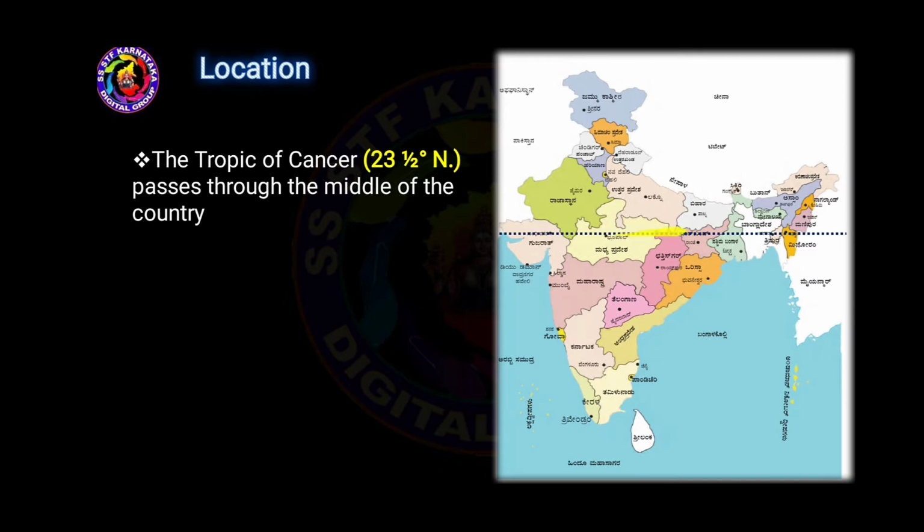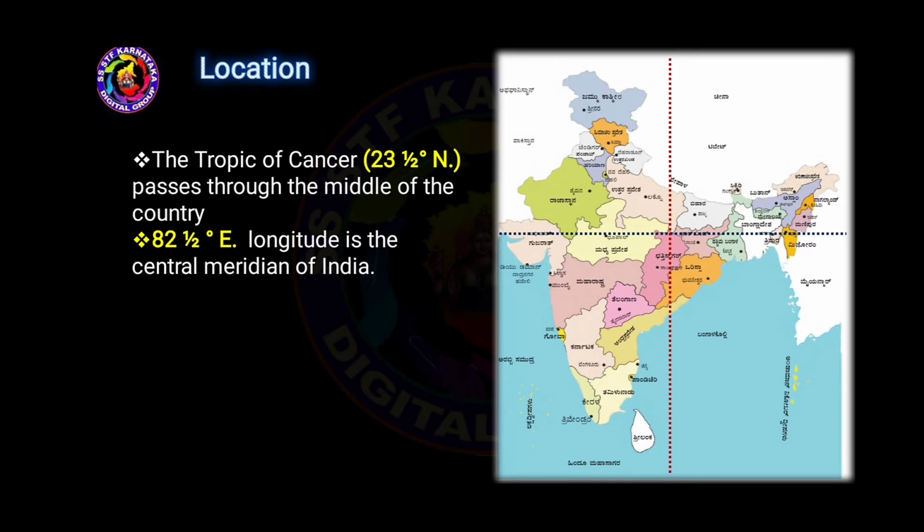See, this is 23.5 degree northern latitude. It divides our country into two equal parts. It means the Tropic of Cancer passes through the middle of our country. It is called 23.5 degree northern latitude and is also known as the Tropic of Cancer.